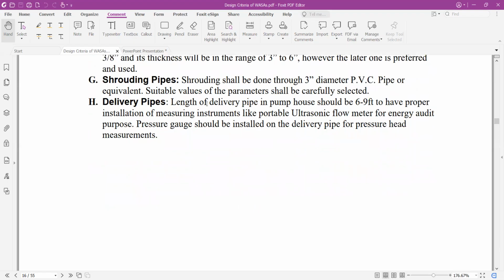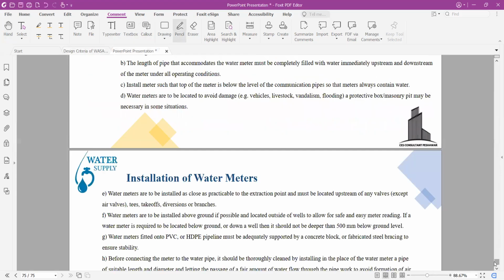Delivery pipe: there is the rising main, which sucks the water, and the other, after sucking, delivers the water; that pipe is called the delivery pipe. So the length may vary about 6 to 9 feet. Let me show you in the diagram.